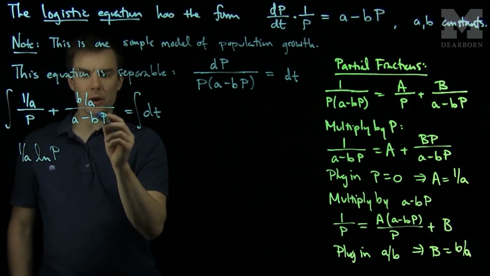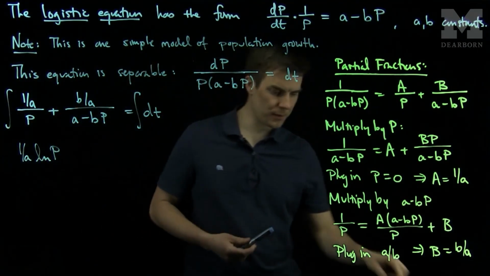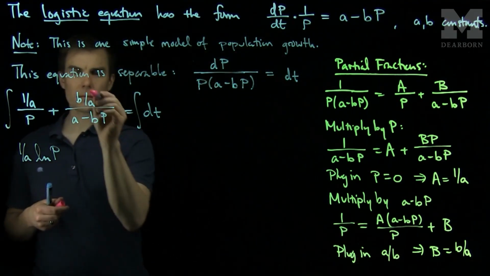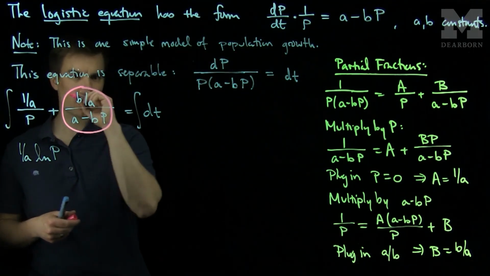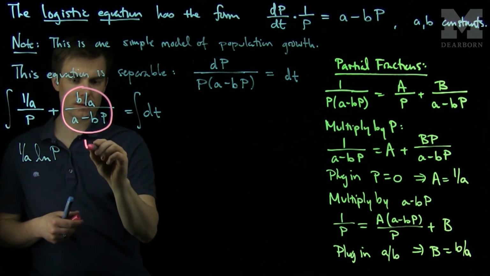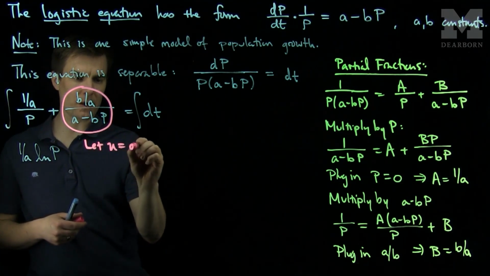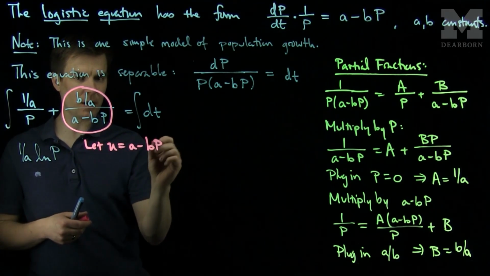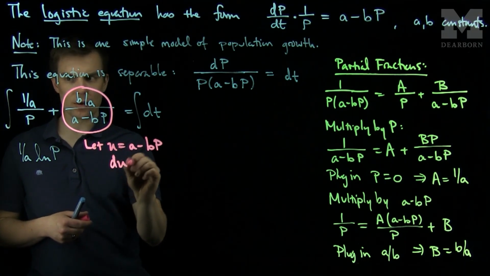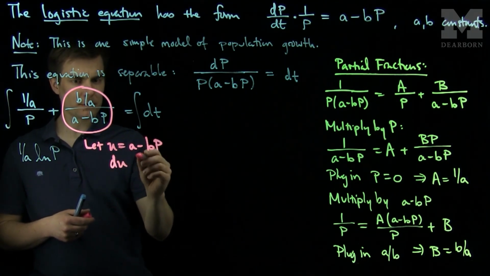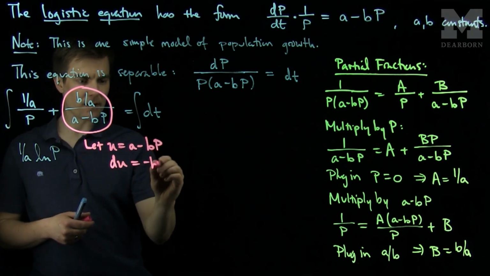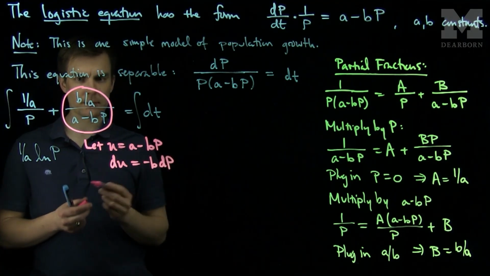And now we will make a u substitution over here to figure out this integral. So in this integral, we will let u be a minus bp, and then du will be negative b dp.